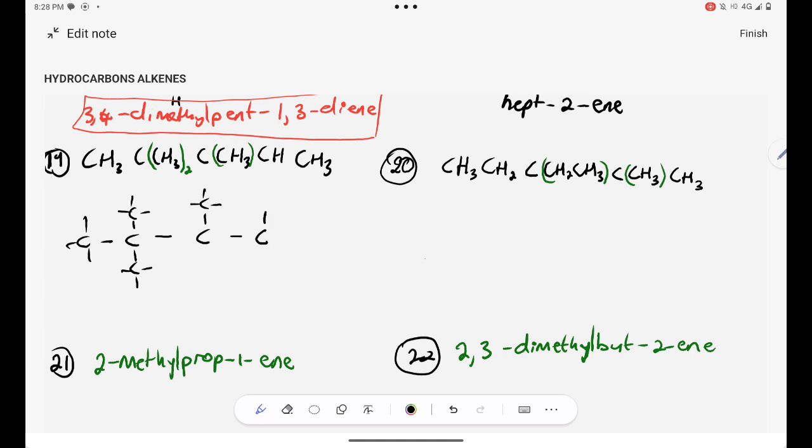And then I'll have a CH over there, and then a CH3. A CH and a CH3. Right? Then all you have to do is to write down the hydrogens over there.